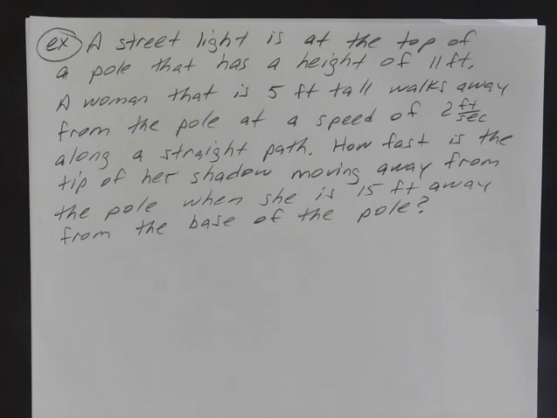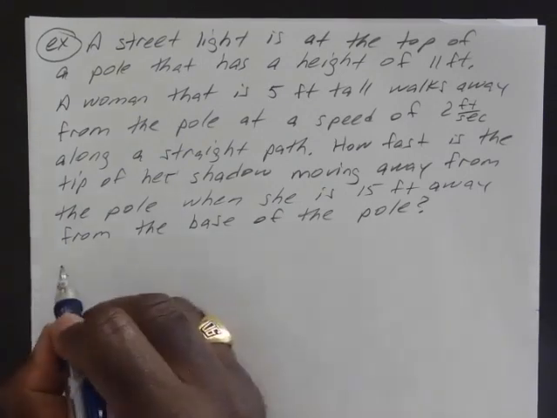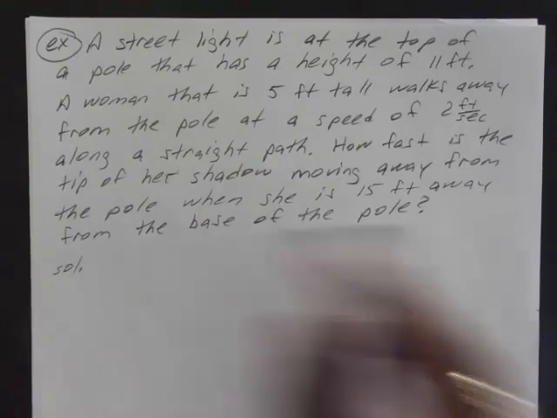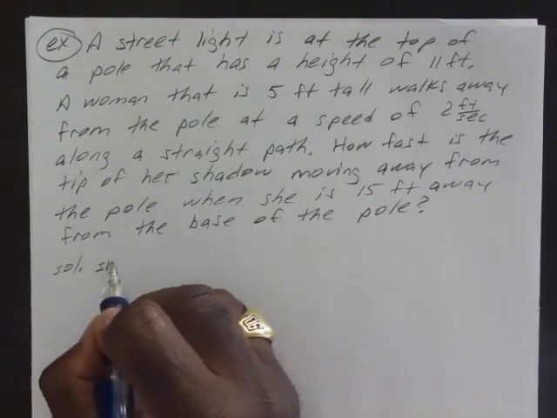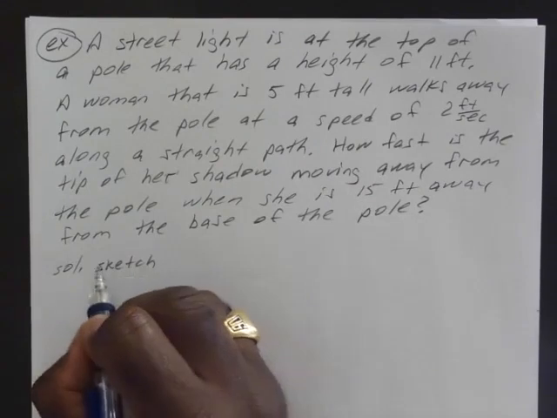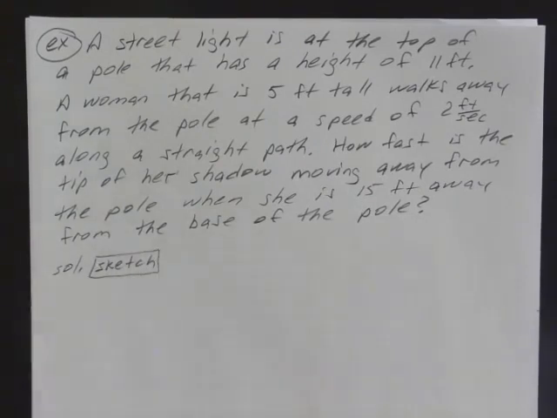Okay. Now this one can get a little bit tricky only because you have a lot of moving parts in this problem. So just to help visualize anything like this, it helps to make a quick sketch so you can see exactly what you're dealing with.